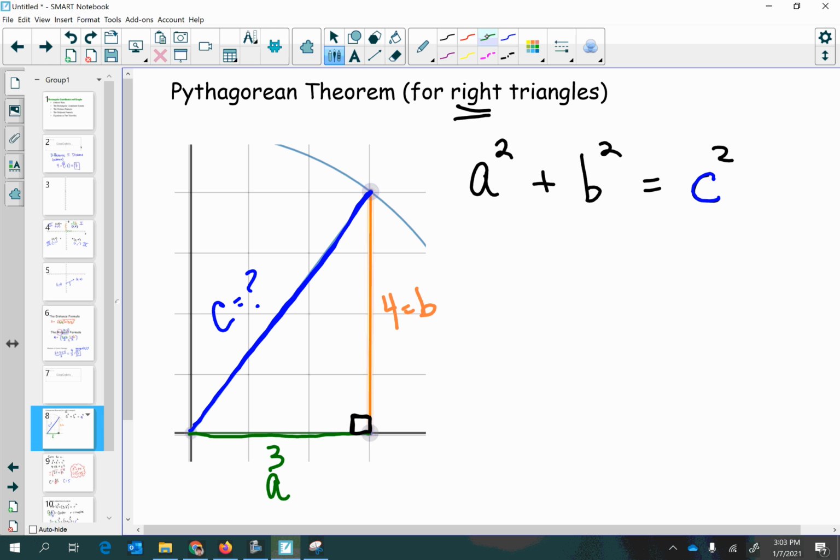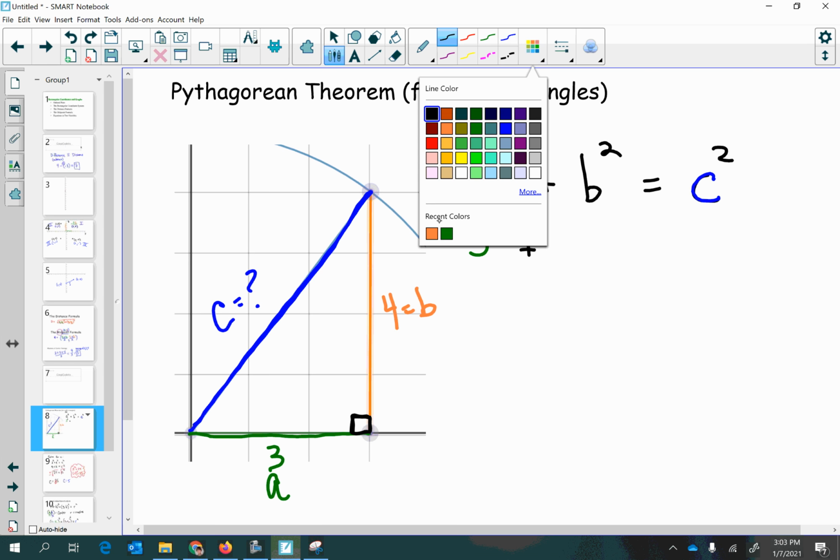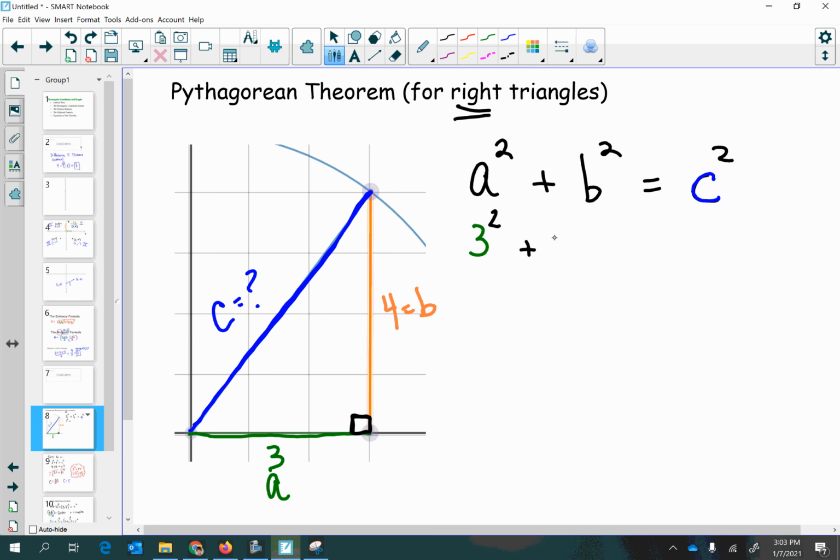And so now in this formula, we can replace the a with 3 and the b with 4. And then we don't know what c is, so we'll leave that as an unknown.